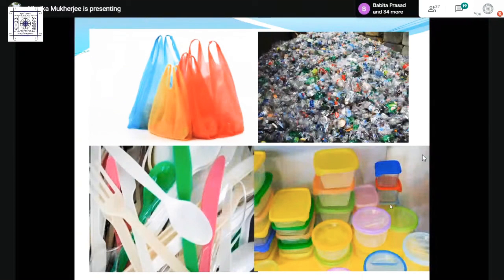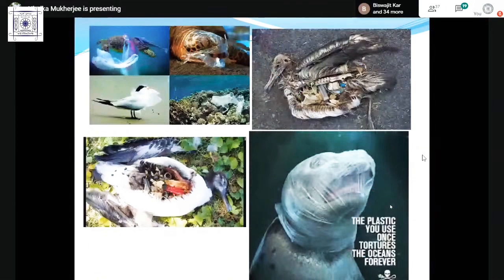Now we come to the harmful effects of plastic. We can see how plastics are harming our environment every other day, and we are using it in our day-to-day lives. We can see how animals are dying in the process.